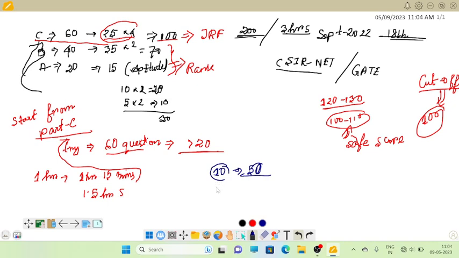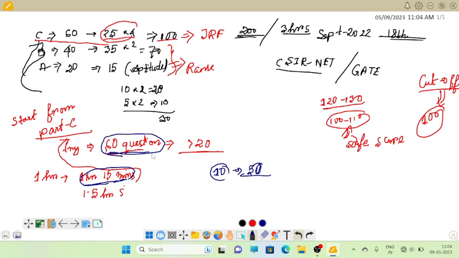If you are not getting the answer, just skip it. Or if the chance is 70-30 or 50-50, mark it for review. In the first hour, just do first glance and complete the 60 questions.